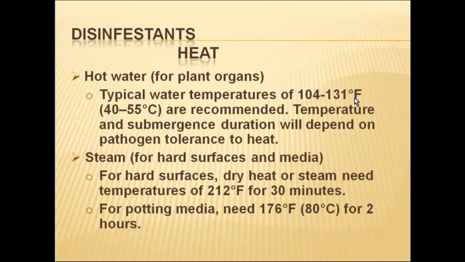Typically, you're using temperatures between 104 and 133 degrees Fahrenheit. Steam used to be used in the past commonly for pots, clay pots, and for soil. It can also be used for potting media. With the older literature specifically, it's easy to find instructions for its use.